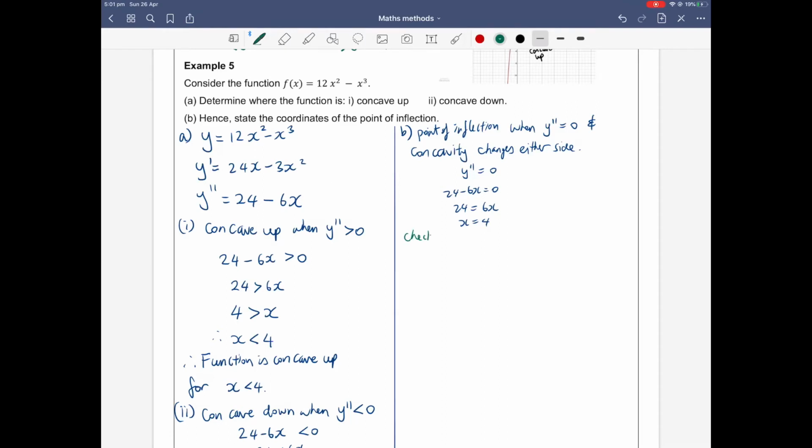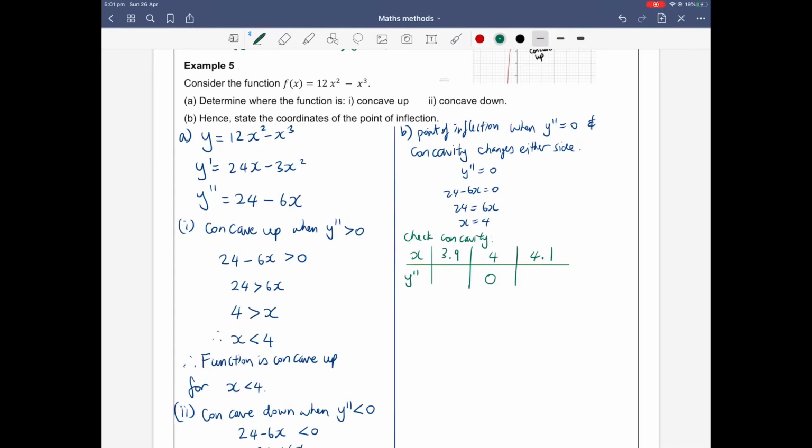Now we need to check concavity. So that's where we draw up a table of values. We're checking the y dash dash, not the gradient, but the rate of change of the gradient, so be careful there. Our point of interest is 4, and a little bit to the left and a little bit to the right is good enough to check.